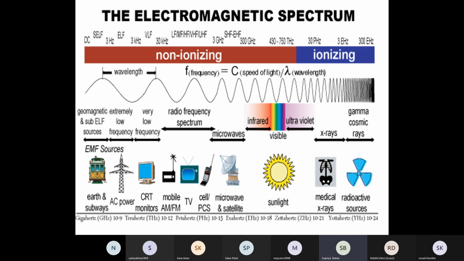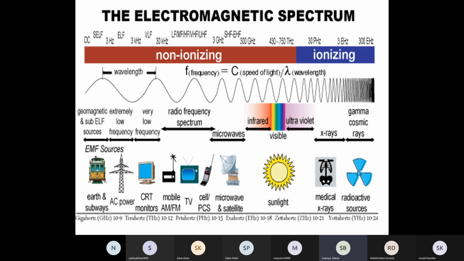So the microwave region is a different thing, and nowadays we can carry out reactions in the microwave also. Microwaves are there, and the satellite also comes in that region. Then after the microwave, there is the radio frequency spectrum, radio waves.